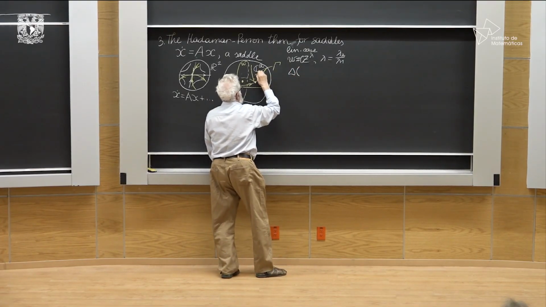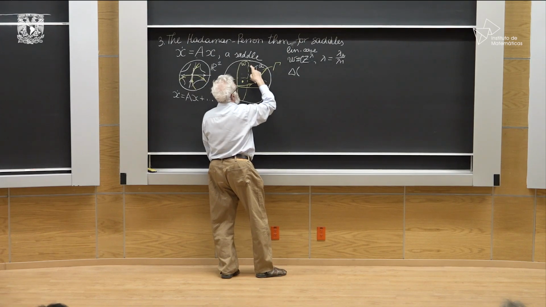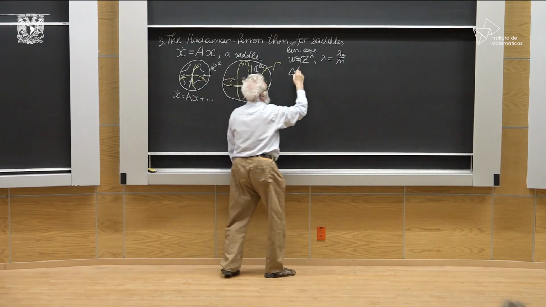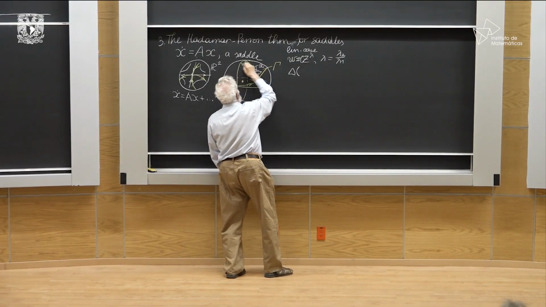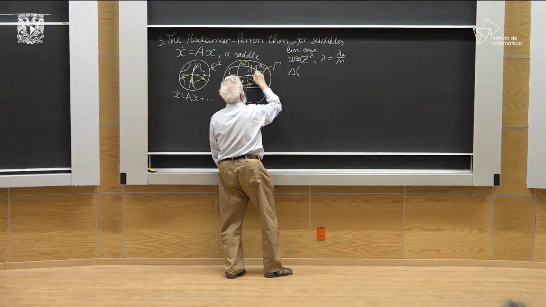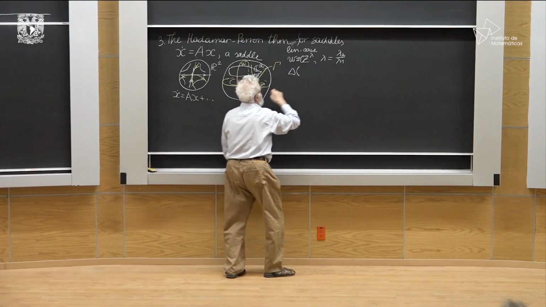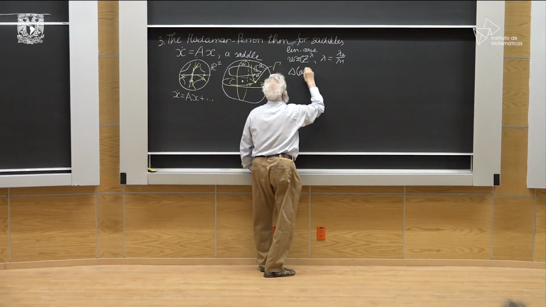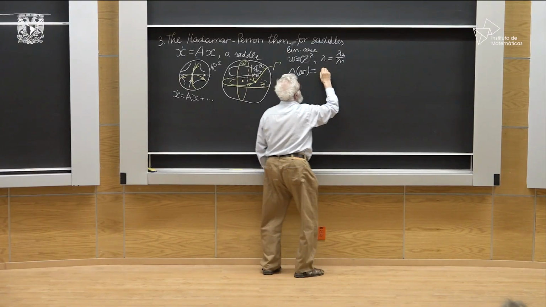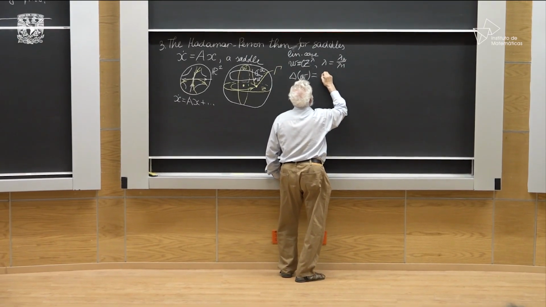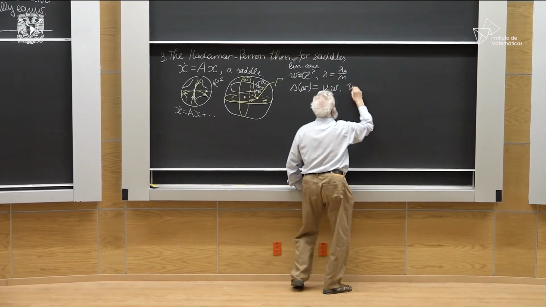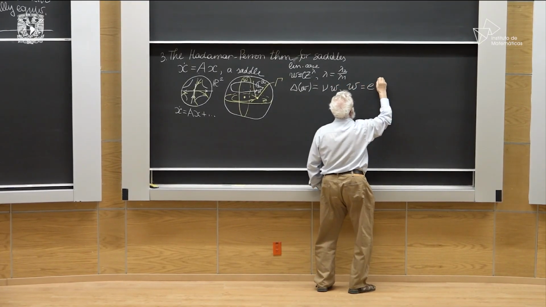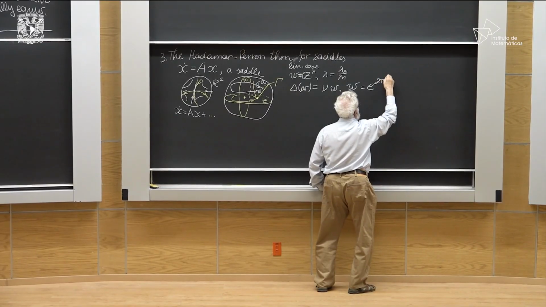The coordinate on this line is W. If you take a point W here and make a circuit over this circle, then delta of W equals nu times W. And nu is exponential of 2 pi i lambda.